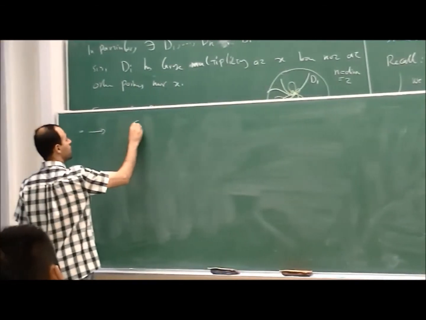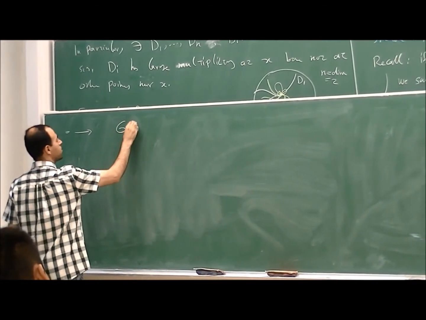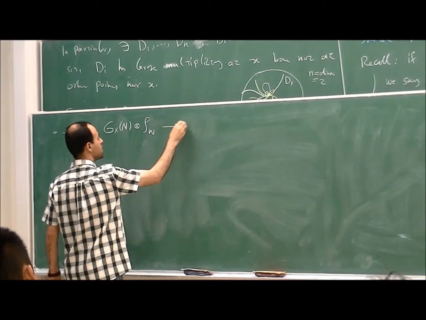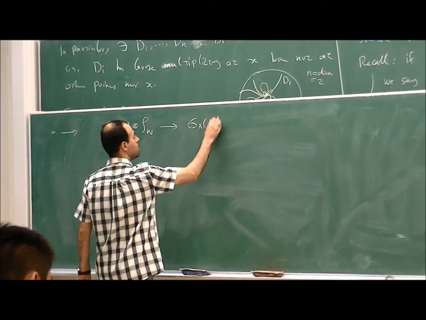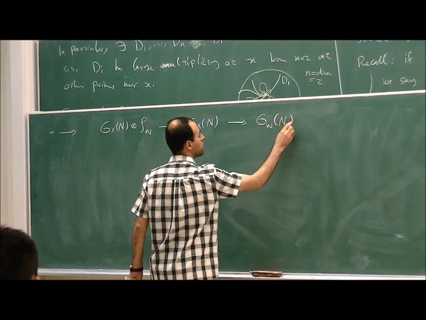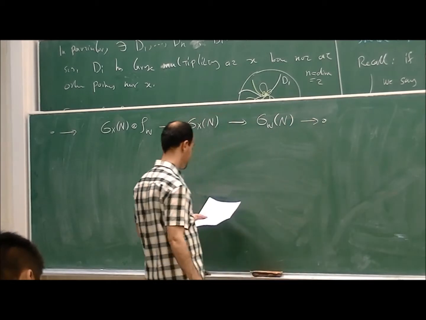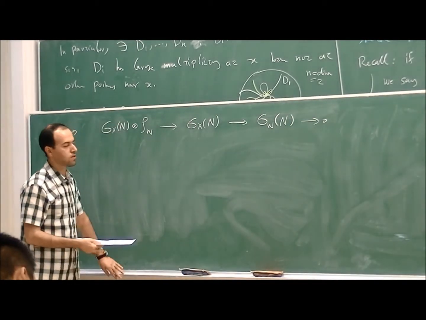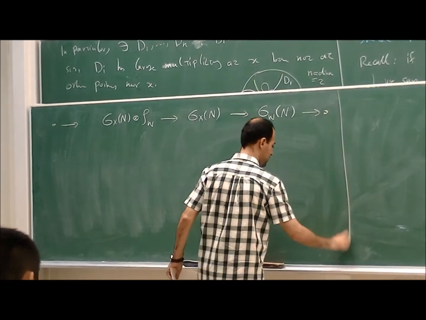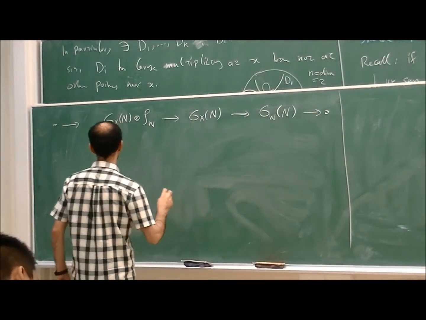So I have O_X and tensor with the ideal sheaf of this subscheme. I have the O_X, and then I have for W. So this is good. Tensoring by O_X(N). But this is not precisely what I want.